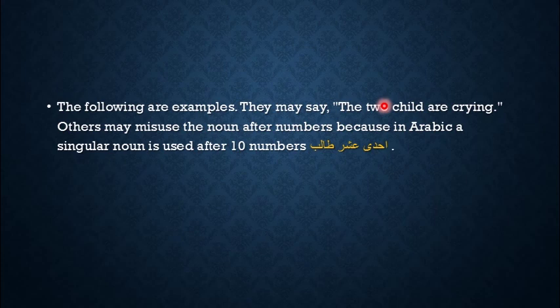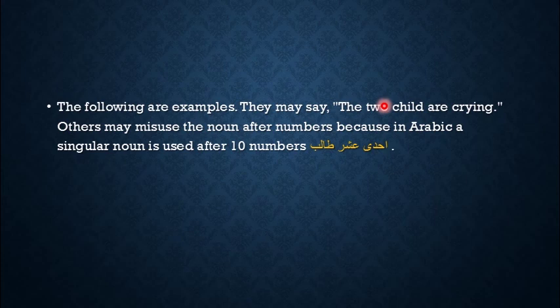The two what? The two child. They won't use the plural form; they will just use the singular form. So, "the two child." This is a common error made by Arab learners, "the two child" instead of "the two children."